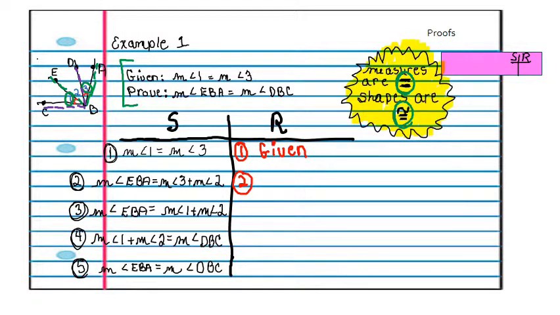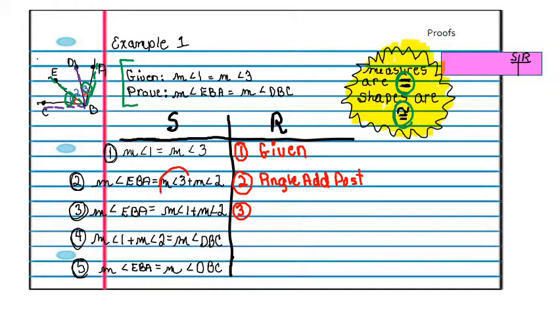And the reason we can say that, you go back into your definitions or your postulates, and we know we can add angles, so this is the angle addition postulate. You can shorten that to angle add post. That's okay. Number 3, the measure of the angle from the last step is now equal to angle 1 and angle 2.